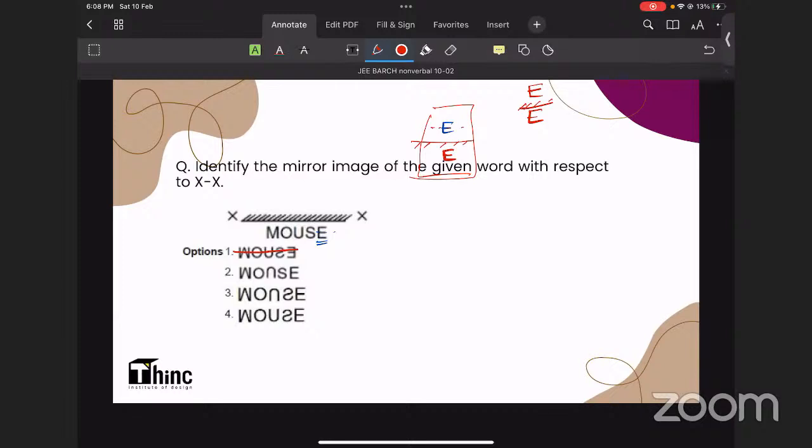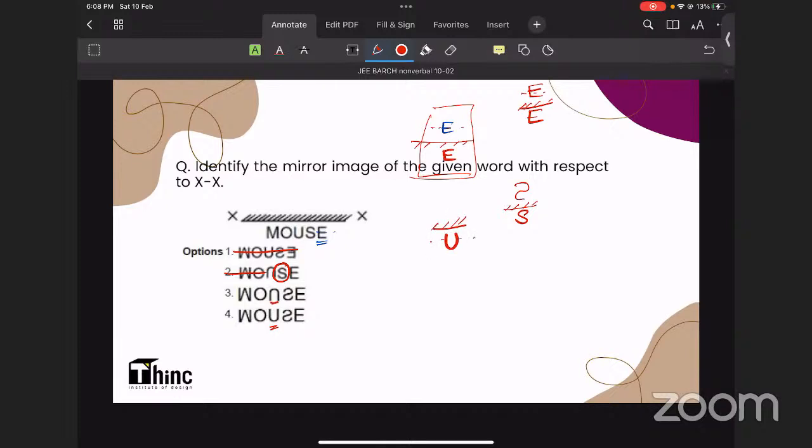S is a non-symmetric letter. Only horizontally symmetric letters will reflect exactly the same. Non-symmetric letters will reflect in a different manner. If a non-symmetric letter reflects exactly the same, that option is also wrong. For mirror on top and mirror on bottom, you can use exactly the same technique. Now coming to U, is U a horizontally symmetric letter?